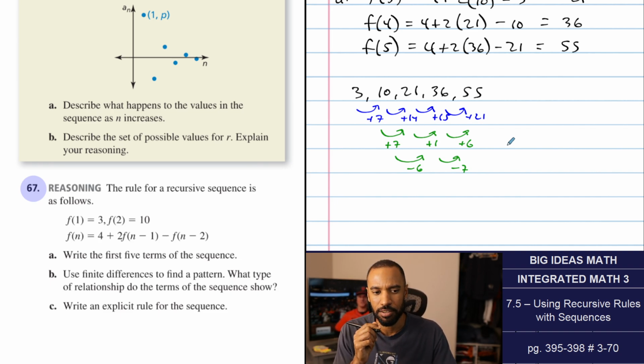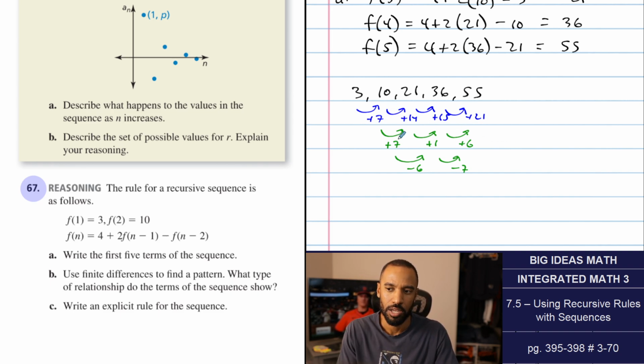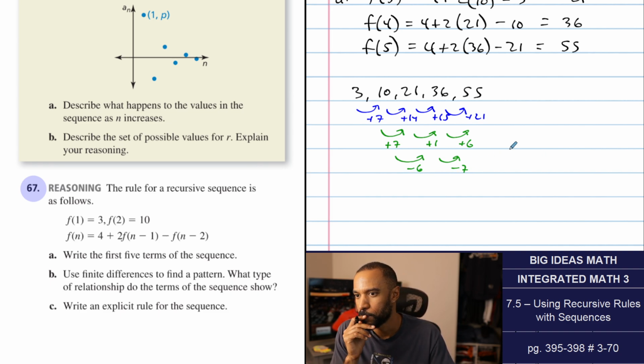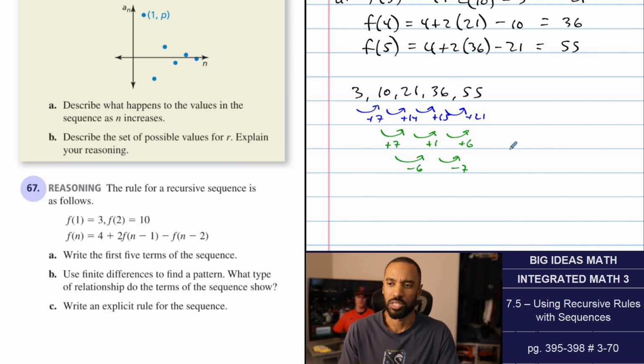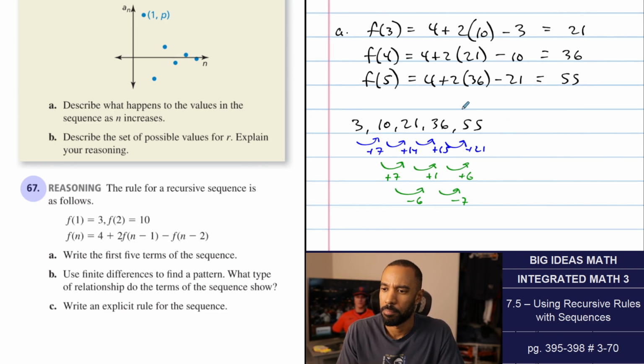Use finite differences to find a pattern. I was hoping, oh, it's not linear, but it's quadratic. No, it's not. It's cubic. No, it's not. 3, 10, 21, 36, 55. Yeah, I'm not seeing it.